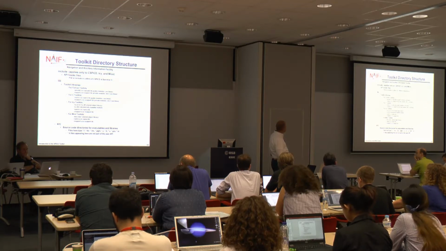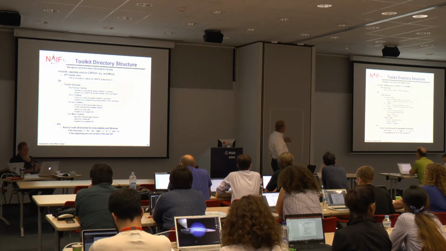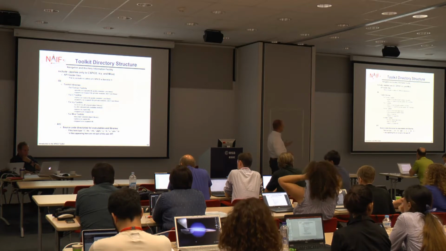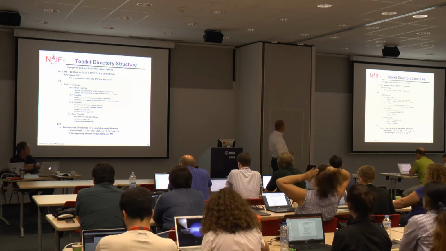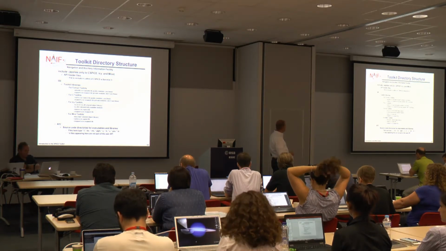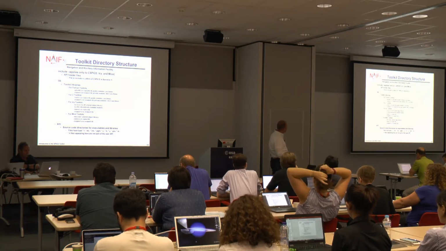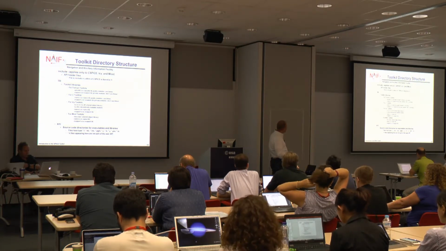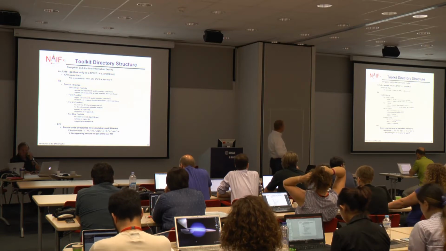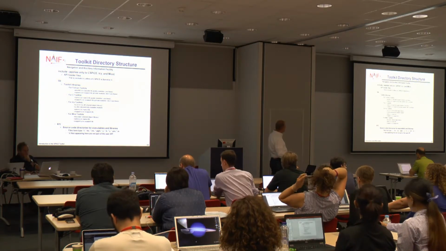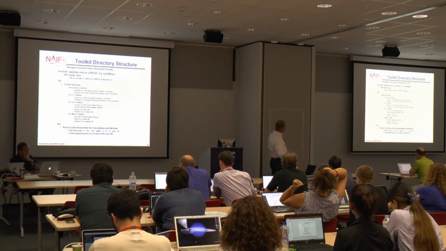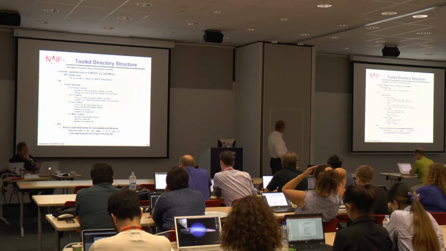For the IDL toolkit, the library that you will need to make available to IDL using the add-path command is icy.so or icy.dll. And for the Mice toolkit, it's going to be called mice, and then the final part of this extension will be platform-specific. Because the Icy and Mice toolkits also include CSpice, you will see that they also contain the CSpice library and the C support library.